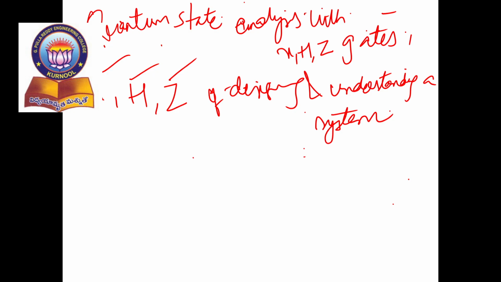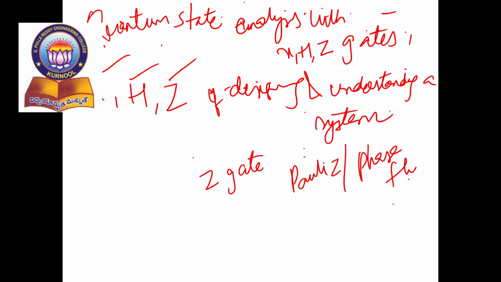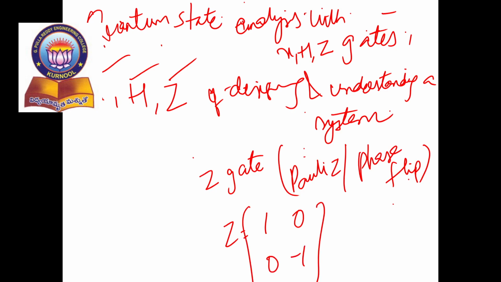The next one is the Z gate. The Z gate is called the Pauli Z, or the phase flip gate. So the output is 1 0, 0 -1.